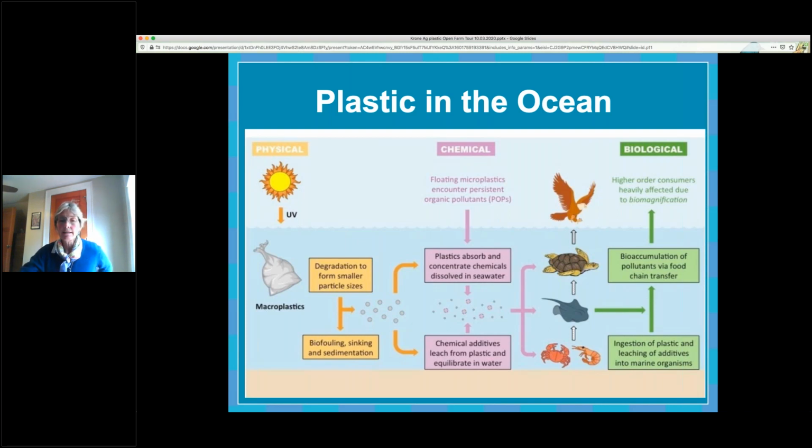And then plastic can also travel up the food chain. So it's a big problem when it gets in the ocean, and the best solution is keeping it out of the ocean. Once it's in the ocean, we really don't have a good means to remove it. Next slide.